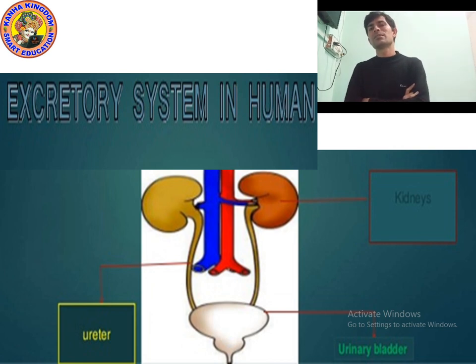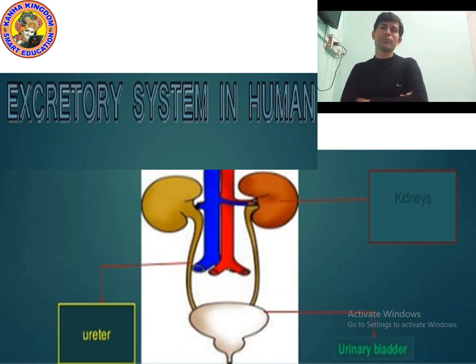The excretory system consists of two kidneys. Between the two kidneys, blood vessels are present, blue and red in color, as you can see in the picture. And you can see a half-apple-like structure, which is the kidney.